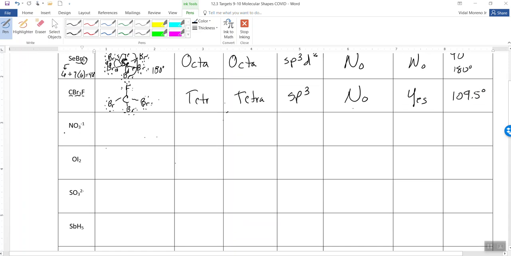First ion. 5, 6 times 3 is 23, plus one more is 24, giving us... erase that, it's not in the right angle.